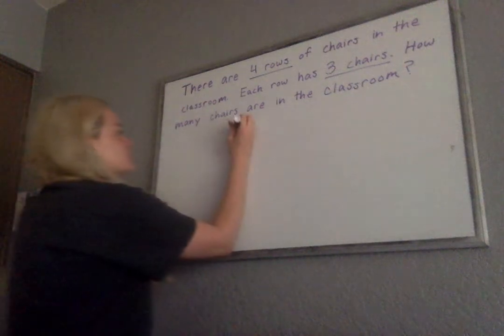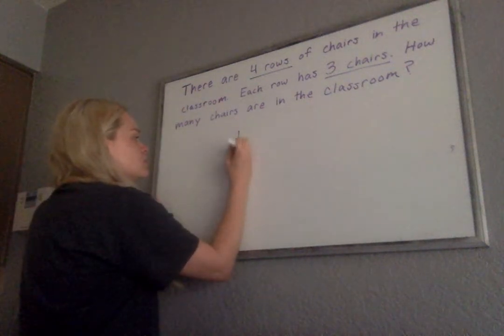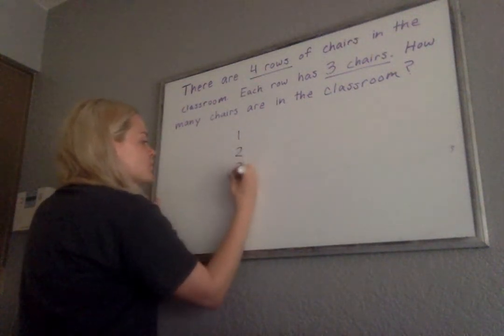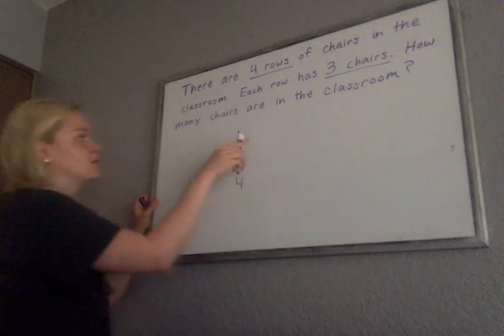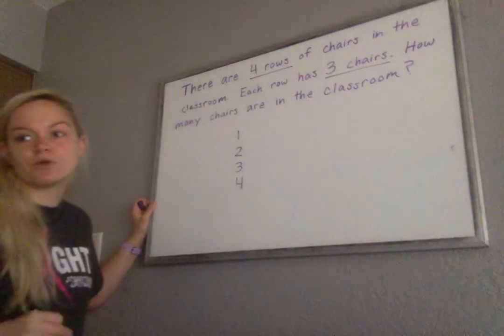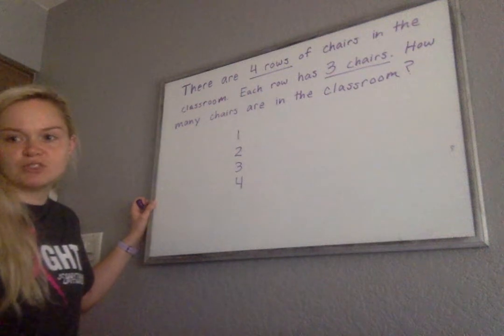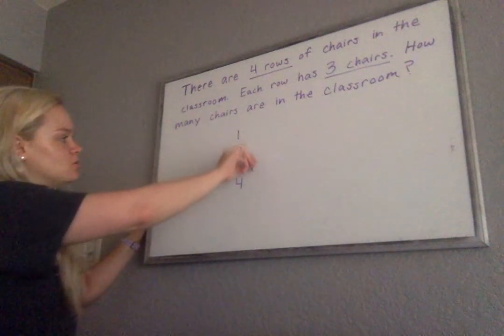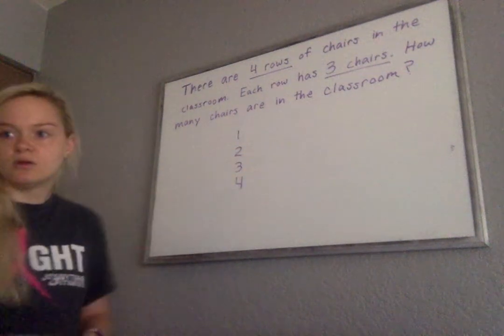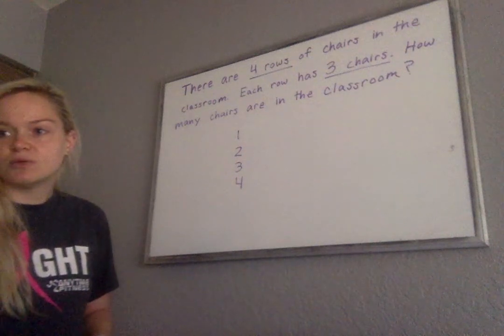So what I'm going to do is right here, I'm going to put 1, 2, 3, 4, because these are going to be my 4 rows, okay? So just number down 1, 2, 3, 4. Okay, super simple.